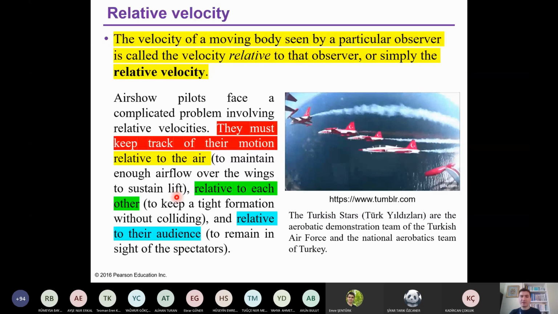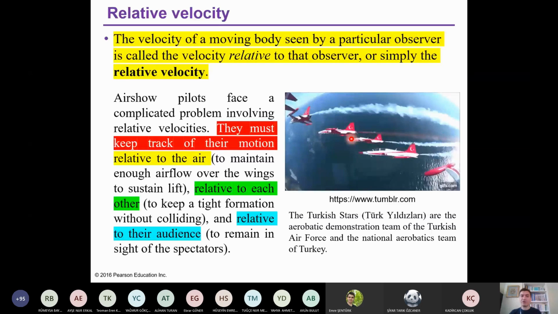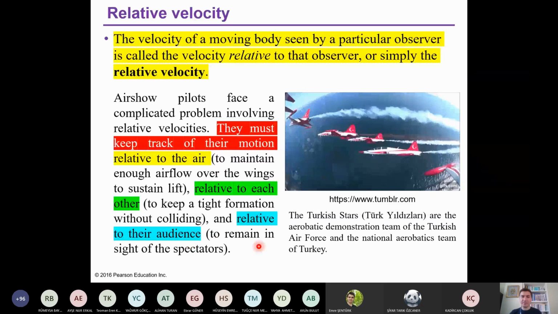Any mistake can cause a collision, and then relative to their audience to remain in the sight of the spectators. So this is a very nice example of the relative velocity.